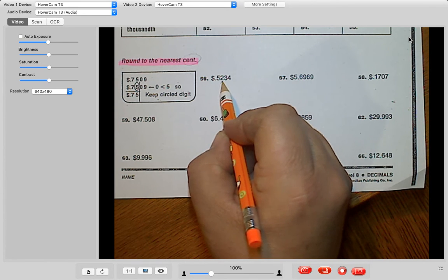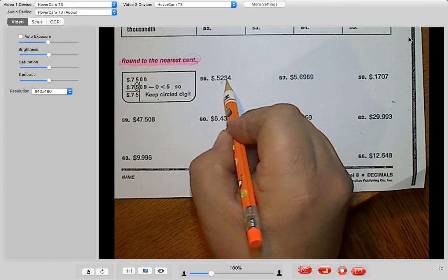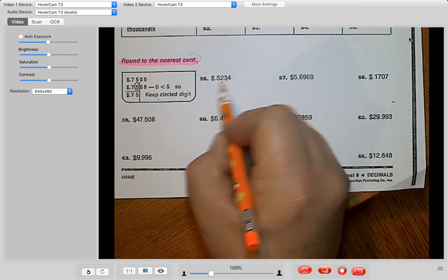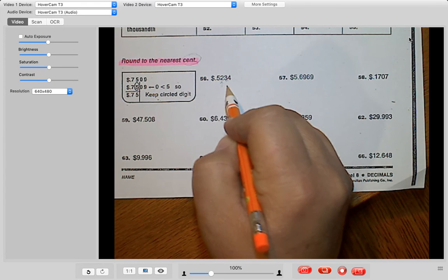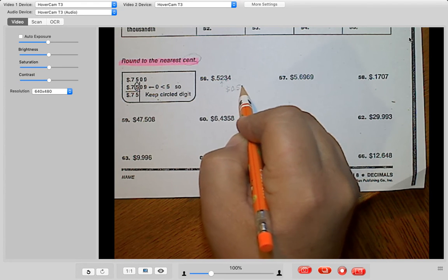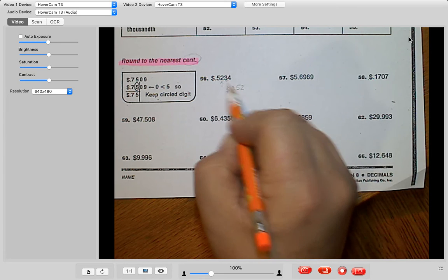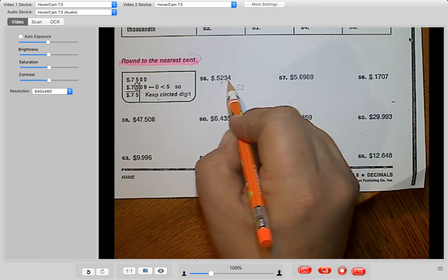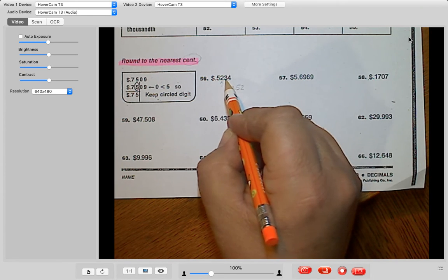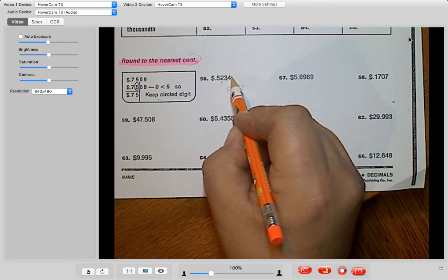Or is it 5 and above? Give it a shove. Well, it's 3, which is lower than 5. So those numbers are just going to go away, and we're going to do that as the answer. That's actually called truncating when you just drop those off. But we rounded because we did it in a logical, mathematical way.